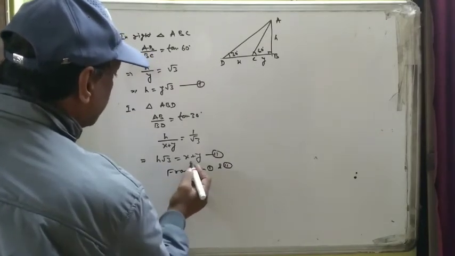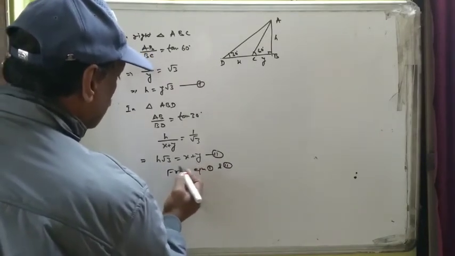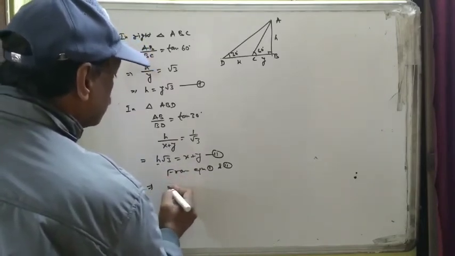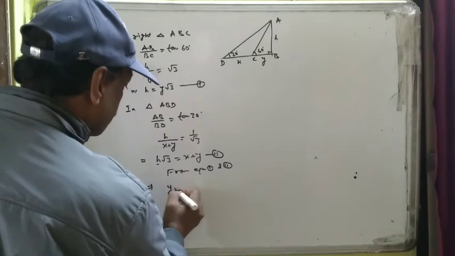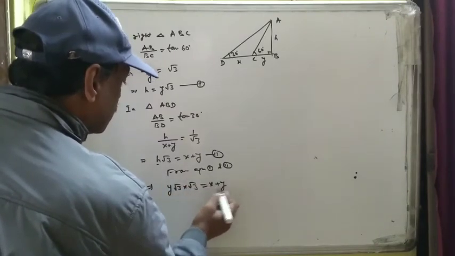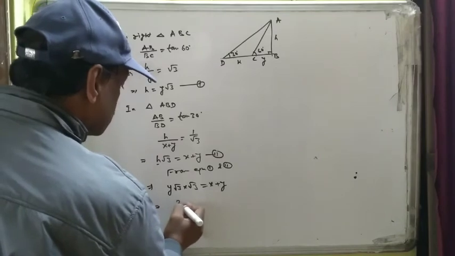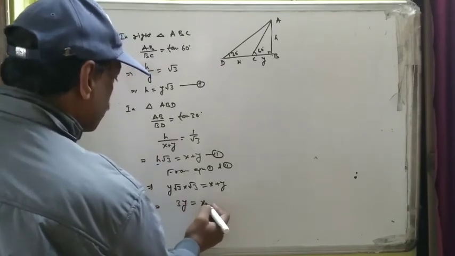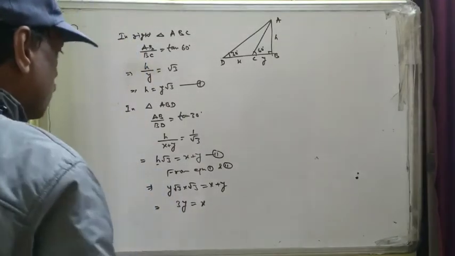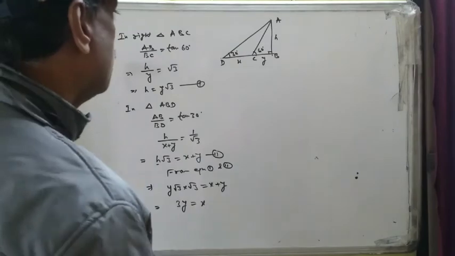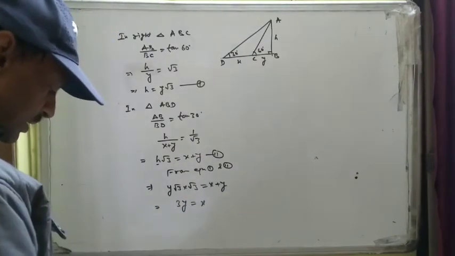So from 1 and 2, H equals Y√3. So in the place of H we can write Y√3 √3 equals X plus Y. So this is 3Y and this is X plus Y. One more piece of information is given.